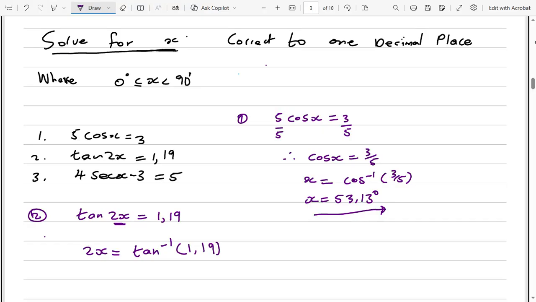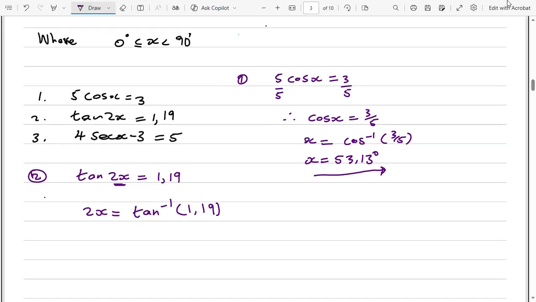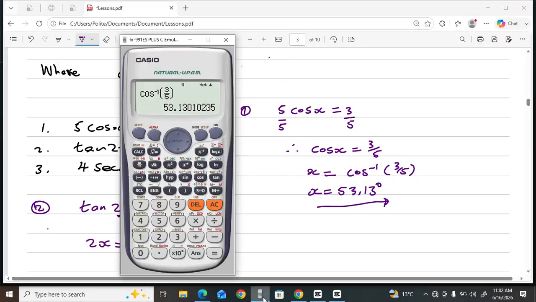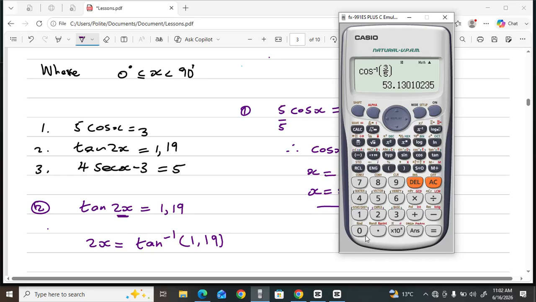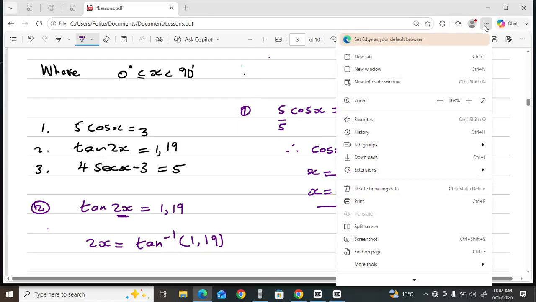You go to your calculator, shift tan inverse of 1.19, then equals, 49.96 if we round it off.